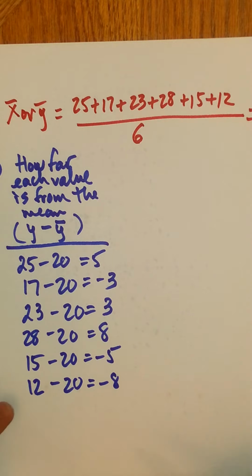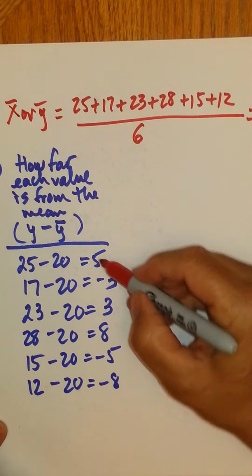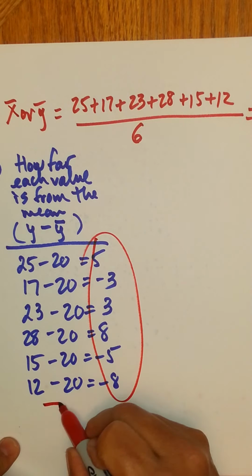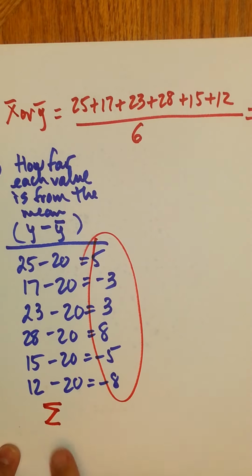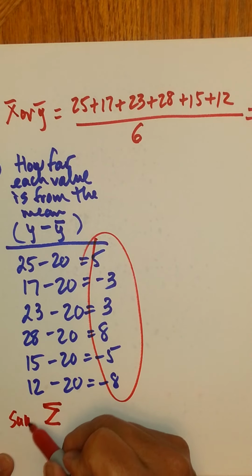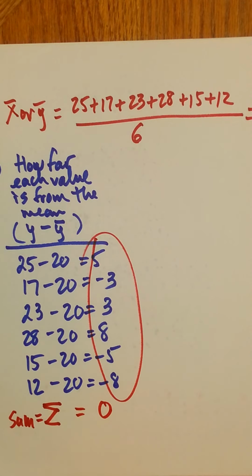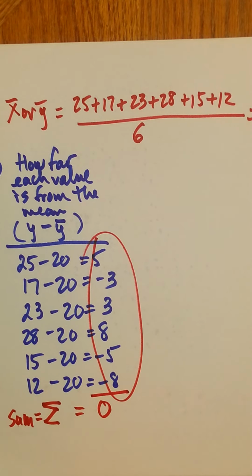If we added these values up, these are our how fars right here, right? By the way, the Greek capital letter sigma is the symbol for sum. If we added them, we'd see we get 0. But I know that the spread is not 0, right?